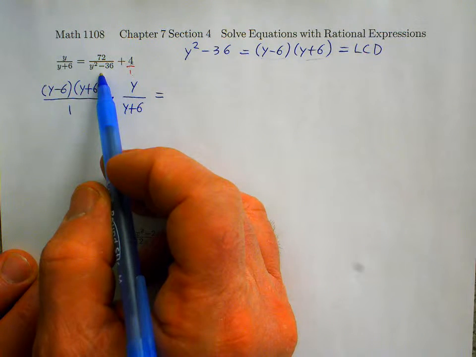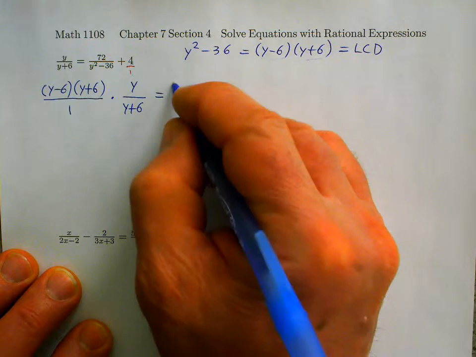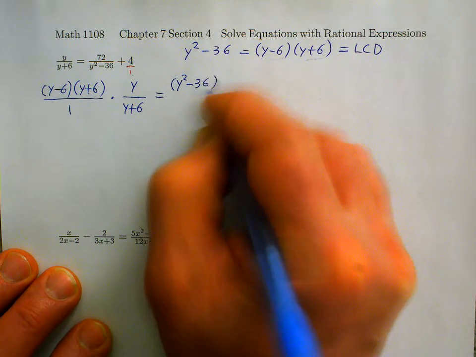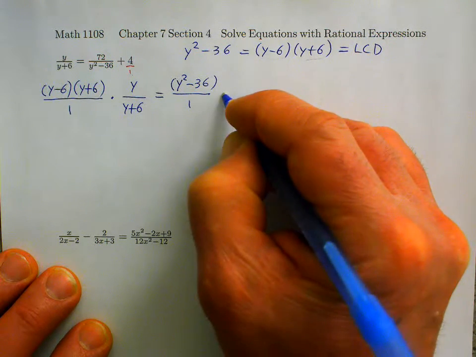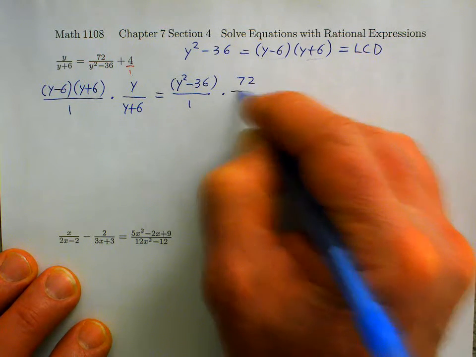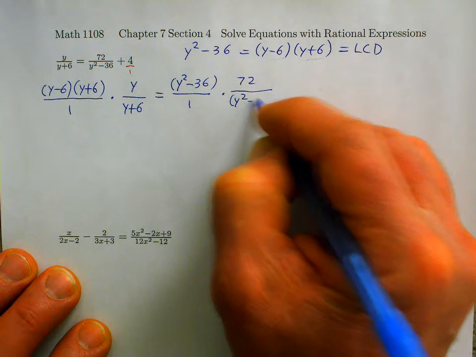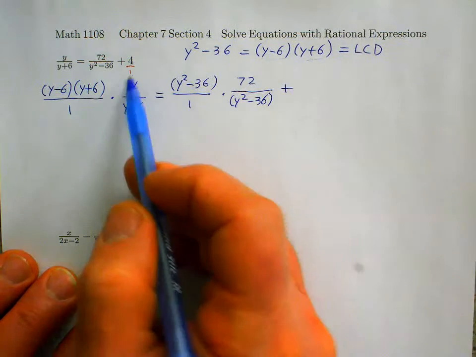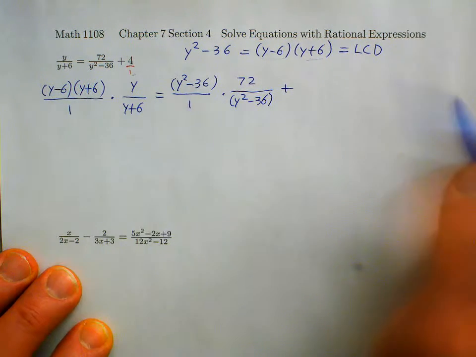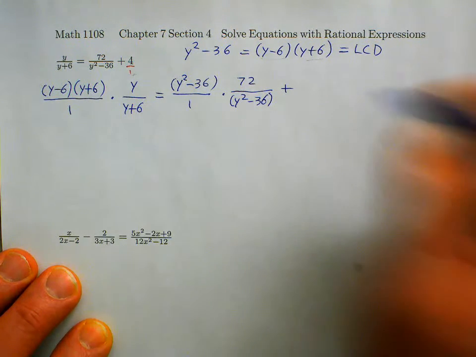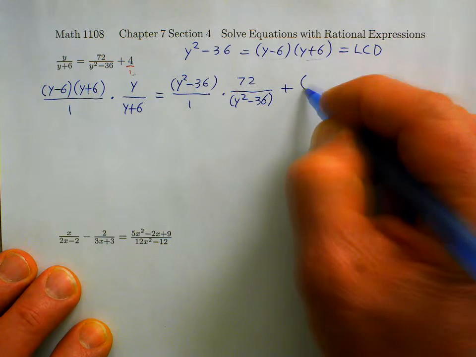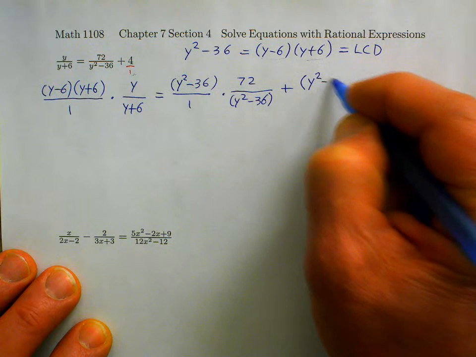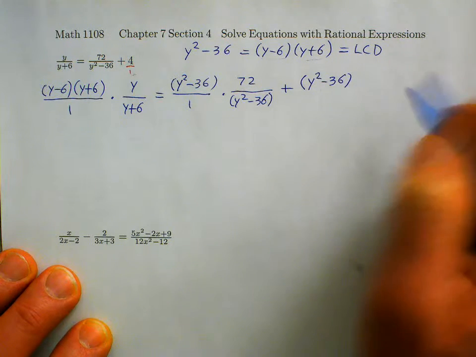The first term, I'll use the expanded form, y squared minus 36 over 1 times 72 over y squared minus 36. And we also have to multiply 4 over 1 by the least common denominator. So we'll just multiply that by y squared minus 36 times 4.